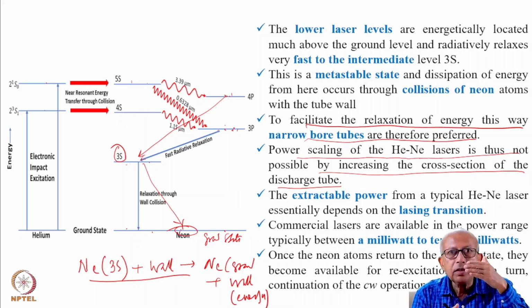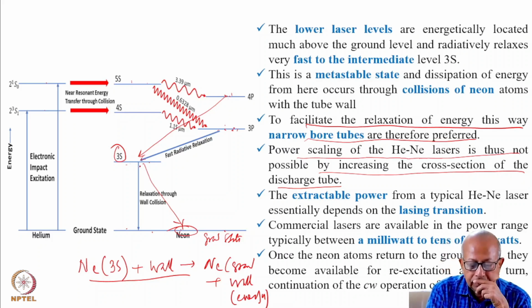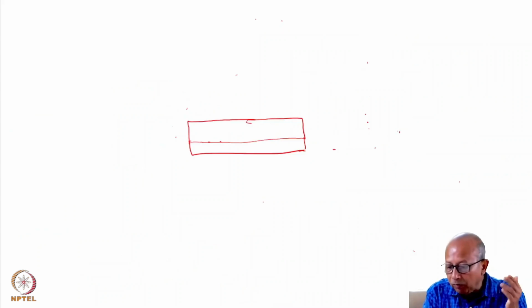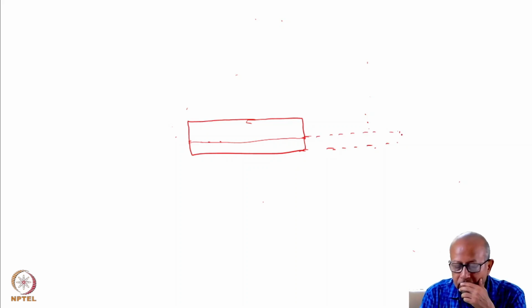Because if the diameter is more, the rate of such collision will be less. So the energy from this metastable state cannot very efficiently relax. So this will not help you in scaling up the power. So the only alternative is to increase the length of it.